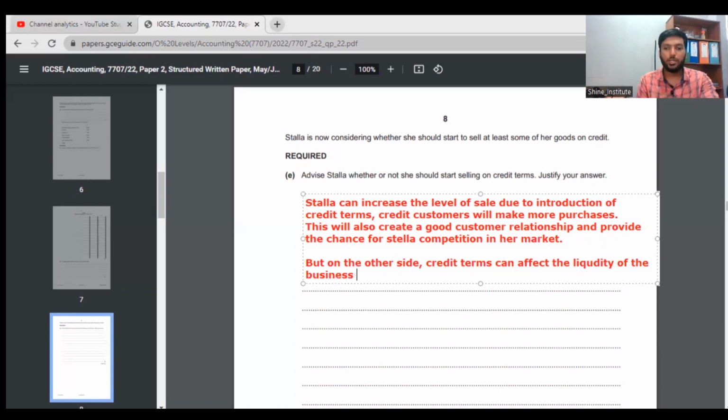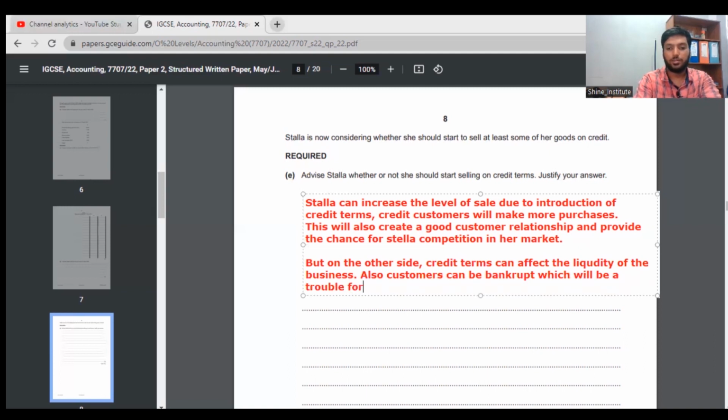What else can we say? But on the other side, credit terms can affect the liquidity of the business. Also, you can say customers can be bankrupt, which will be a trouble for Stella's business.